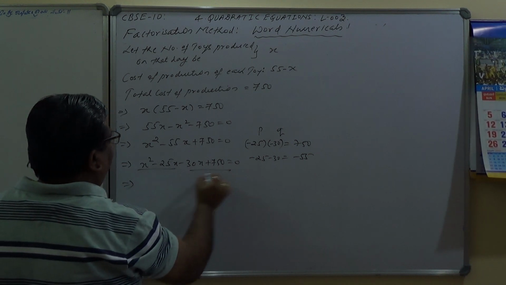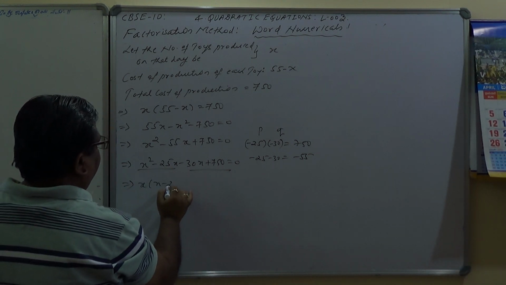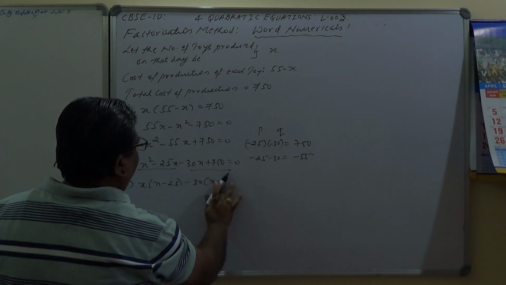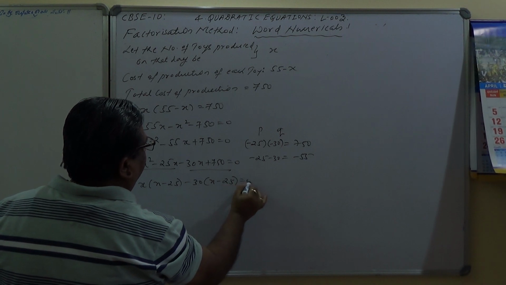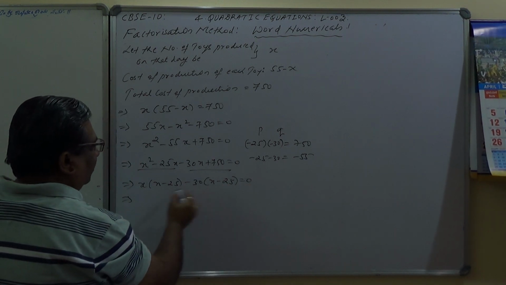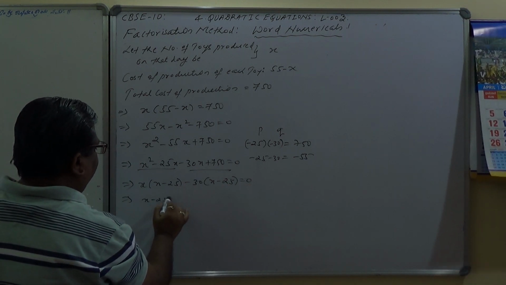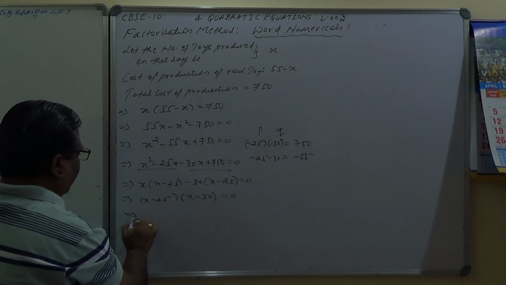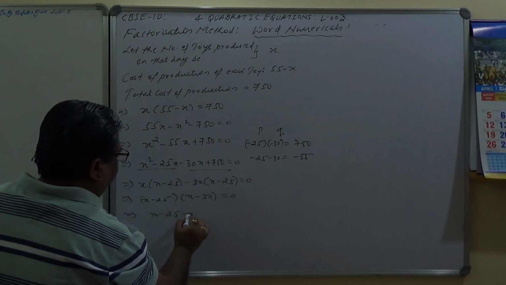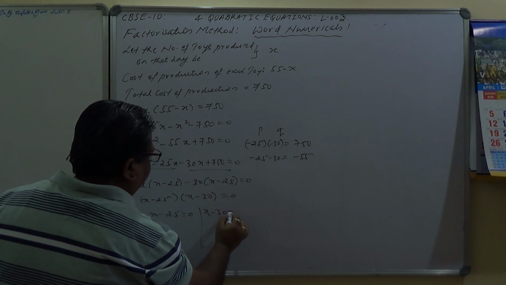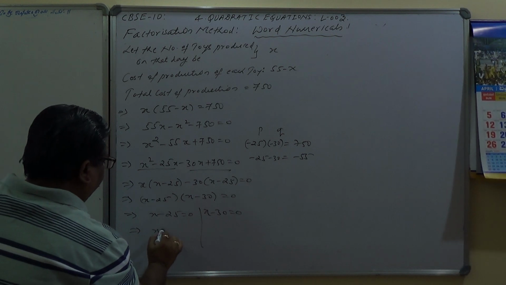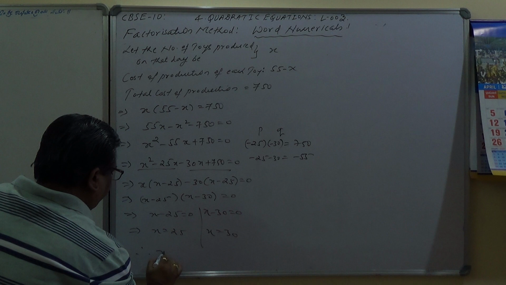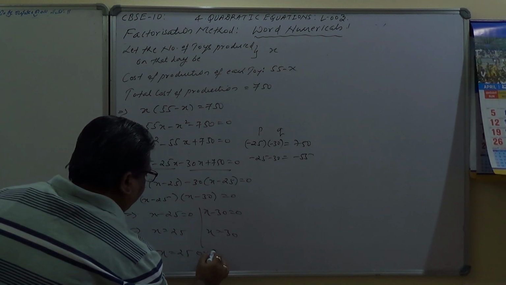What is common out of these two? X. X minus 25, minus 30, I will take common. X minus 25 into X minus 30 equals 0. Out of these two, X minus 25 is common. Implies X minus 25 equals 0 or X minus 30 equals 0. Implies X equals 25 and X equals 30. Therefore, X equals 25 or 30.